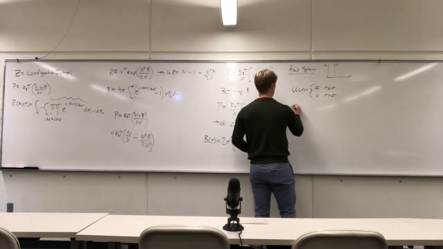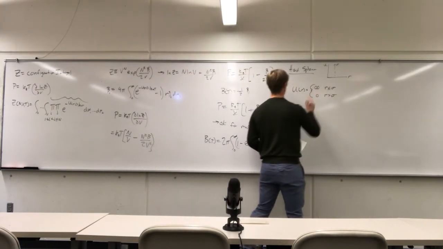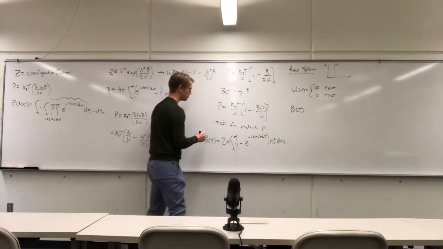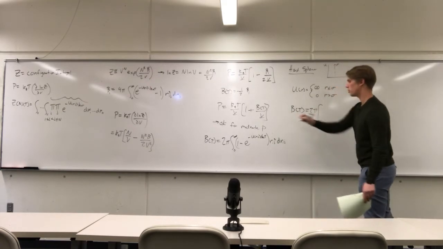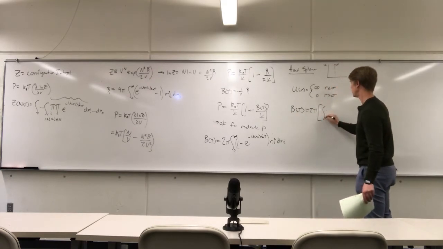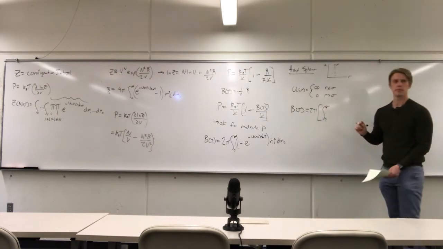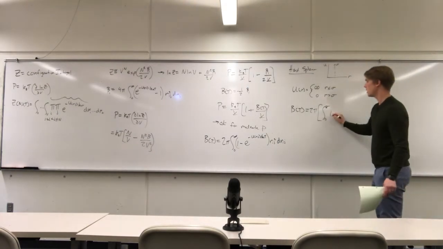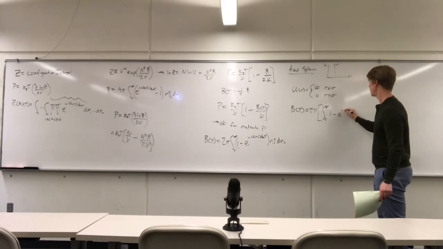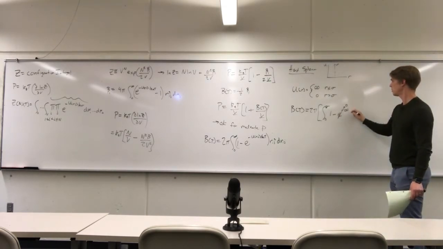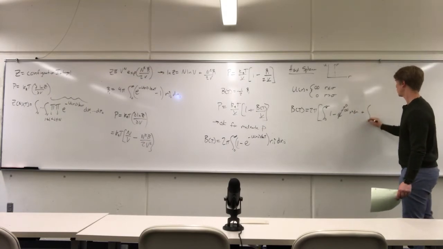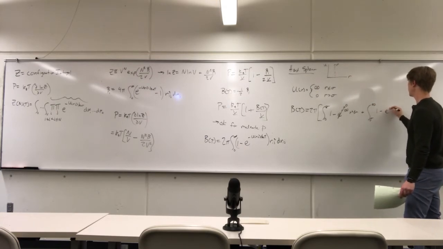So let's calculate the second virial coefficient for a hard sphere material. So we're going to have 2 pi multiplied by the integral from 0 to sigma, right, piecewise function, 1 minus e to the negative infinity, which goes to 0, plus the integral from sigma to infinity, 1 minus e to the 0.